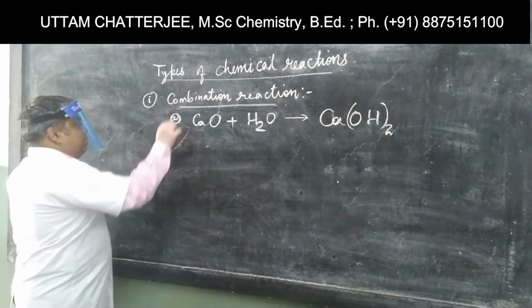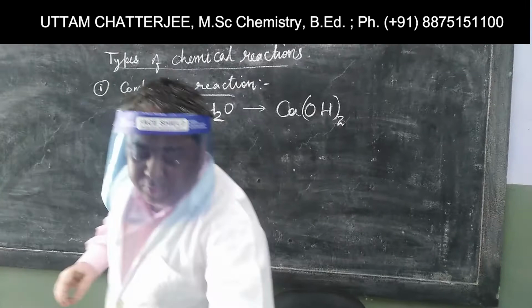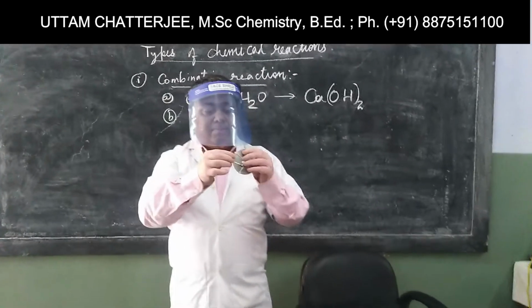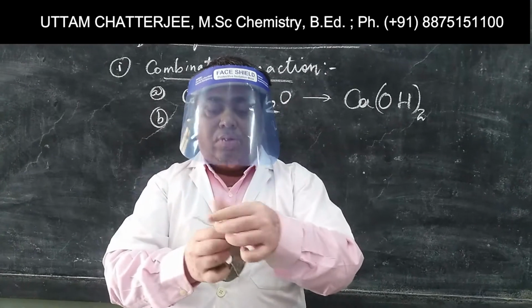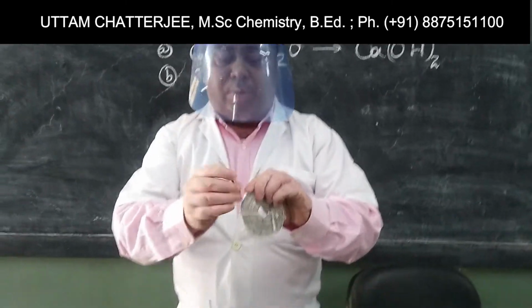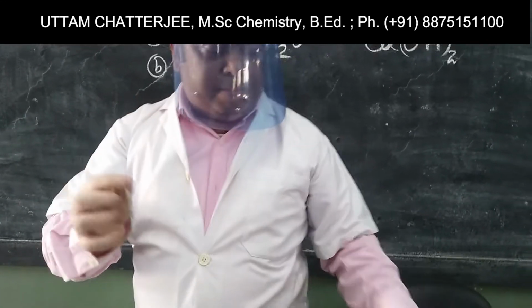This was one type. The second type I will show you will be a little more magical. Now I have taken another substance. This is not a salt, this is an element, a pure element. It may not be completely pure, it can have some impurity.